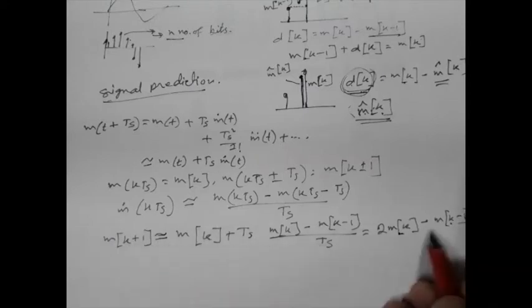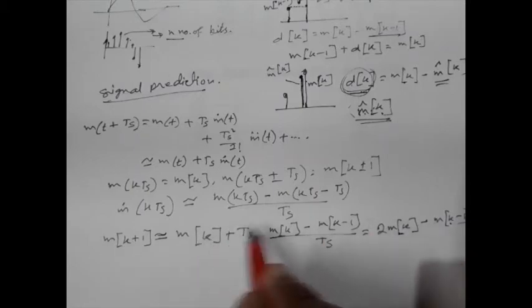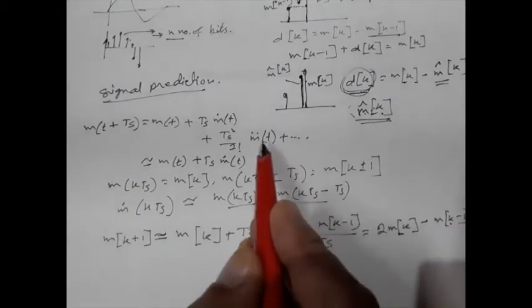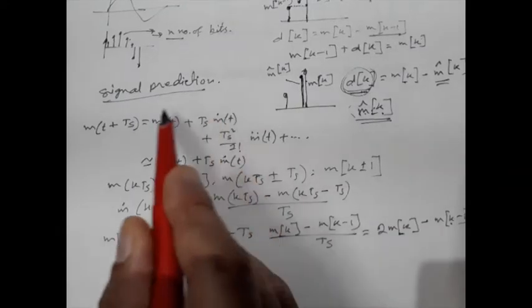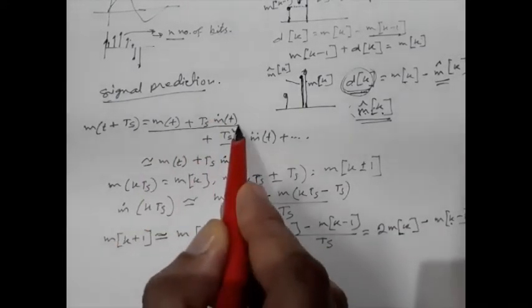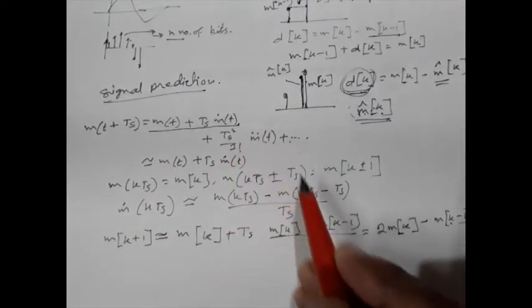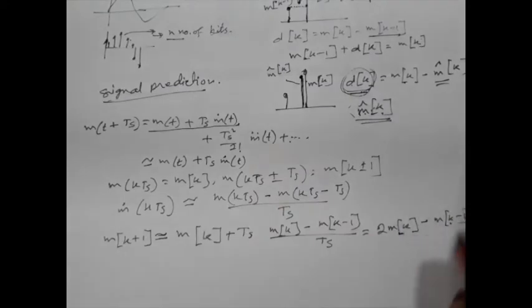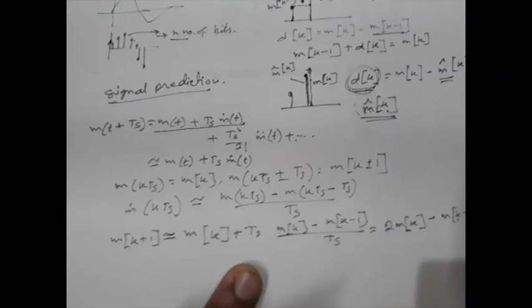Now this equation may be improved obviously if we add more number of terms. That means we have terminated this series up to this point. If you use the other terms, then other terms will appear here also, and obviously the estimation will be better.